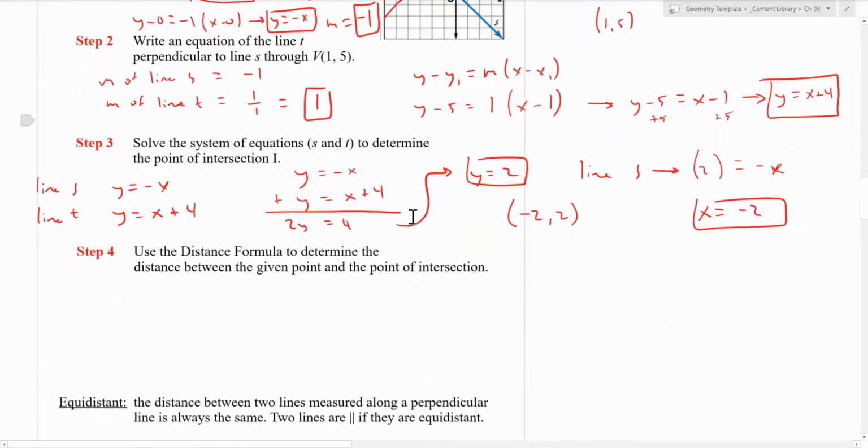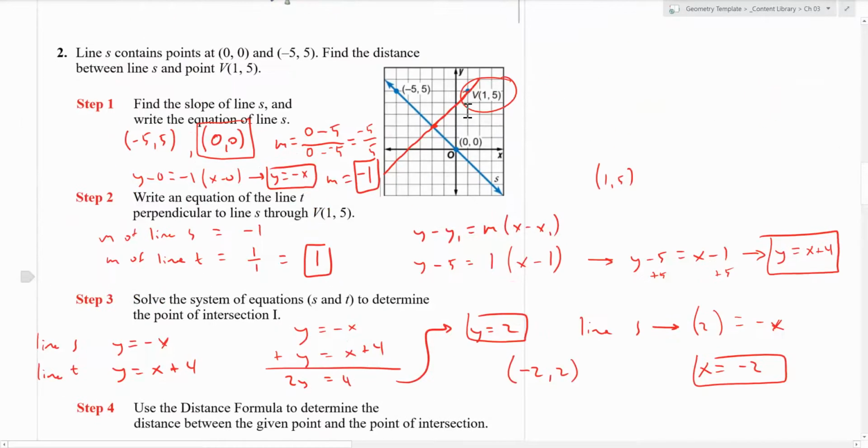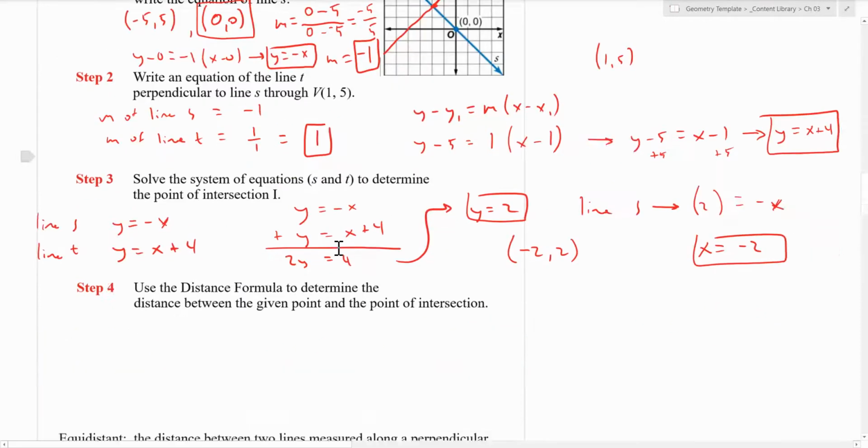I'm going to use the distance formula. I got 2 points, right? The distance, or not the distance between the two lines, I'm sorry, the distance between line S and point V. Well, now I have 2 points, right? I got (1, 5), which was given, and now I have this point of intersection, which is (-2, 2).